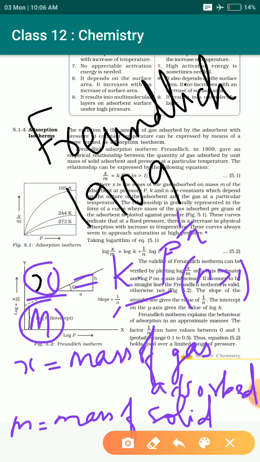And k, p and n are constants which depend upon the nature of the solid as well as the gas at a particular temperature.